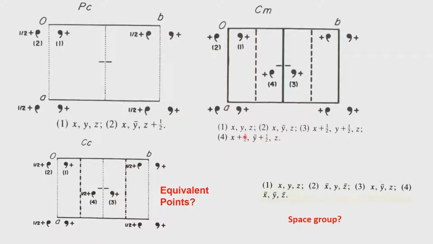Is this particular glide operation a C glide or an A glide? You look at these equivalent points and see. It is an A glide, because the glide operation is adding half to the value of x. This comes as a consequence of the presence of the mirror symmetry, which operates on the C centered object, and therefore you get a centered lattice associated with this.